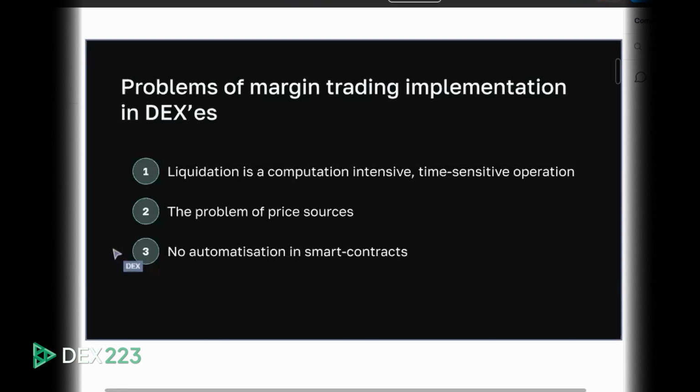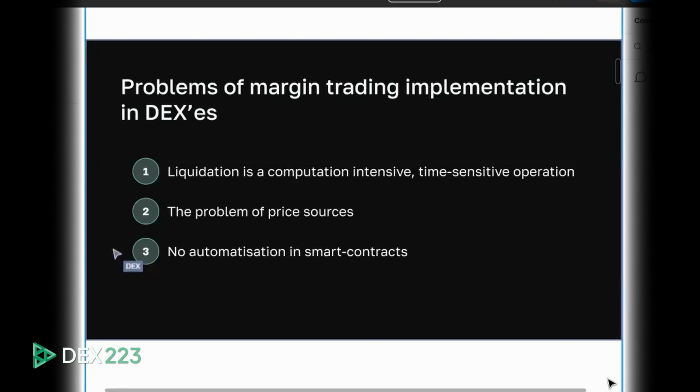As a result, a smart contract can just verify some conditions and answer like yes or no to some sort of request, and trigger some action when it is called, or refuse to trigger this action if the conditions are not met. But as I said in the point 1, the liquidation is a time-sensitive operation.